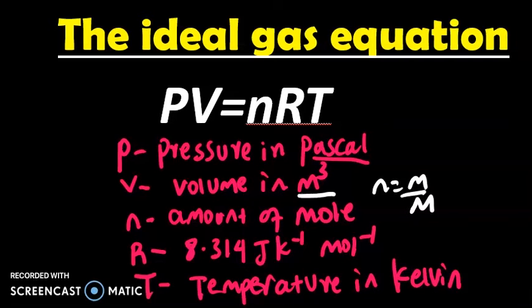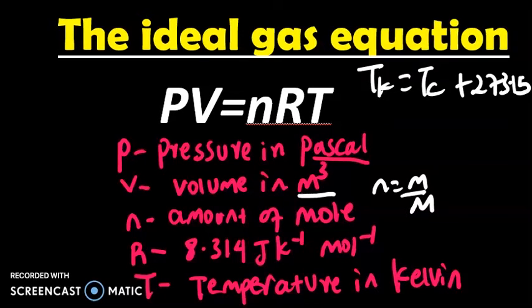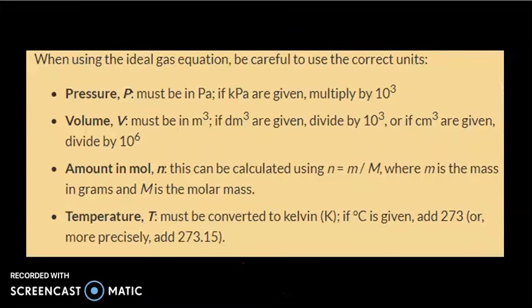And temperature must be in Kelvin. The exam is usually in degrees Celsius, but you have to change it to Kelvin by this formula: T equals TC plus 273.15.